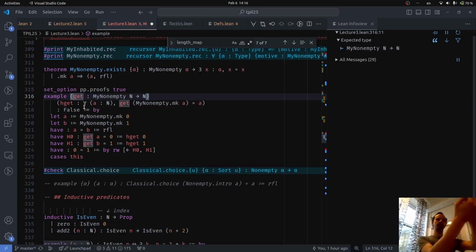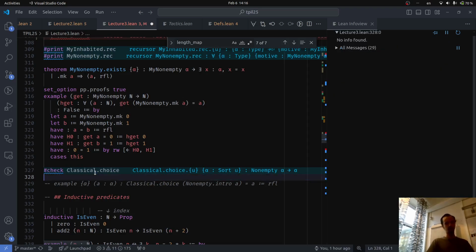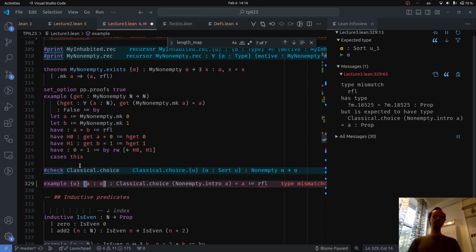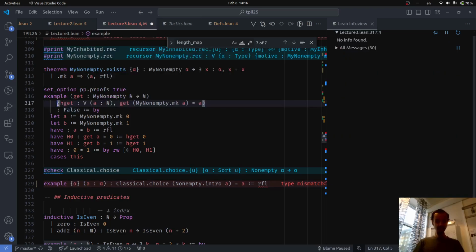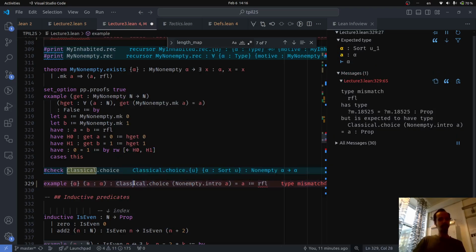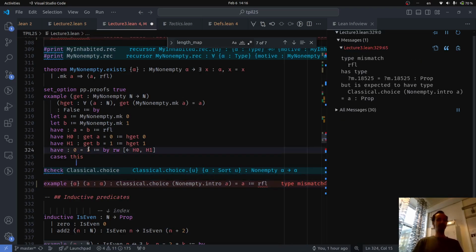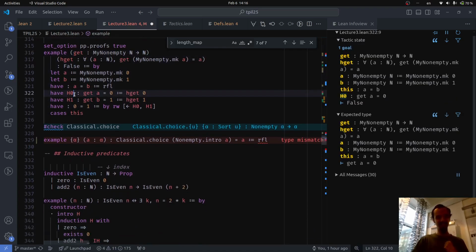There's only one way for alpha to be nonempty. Given a proof that something is nonempty, we get an element back. But the reason why we don't get false out of this is that the hget property fails. Given a Nonempty intro, you apply Classical.choice to it and you get the element back. That's not true, and this is not a provable theorem. In fact, it's disprovable using exactly this strategy.